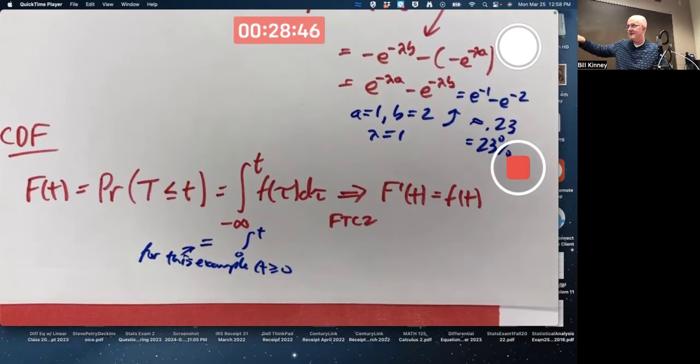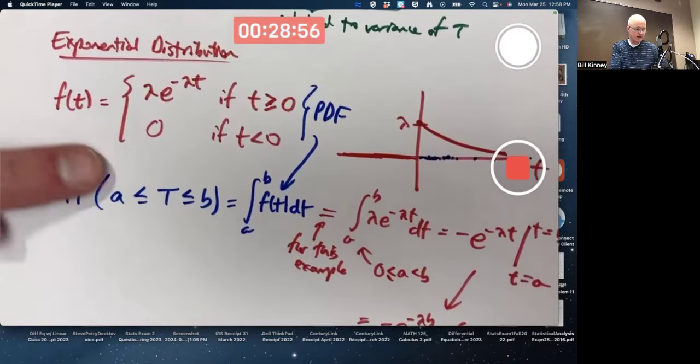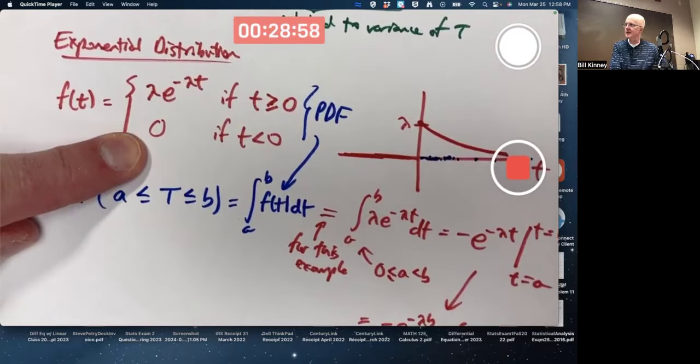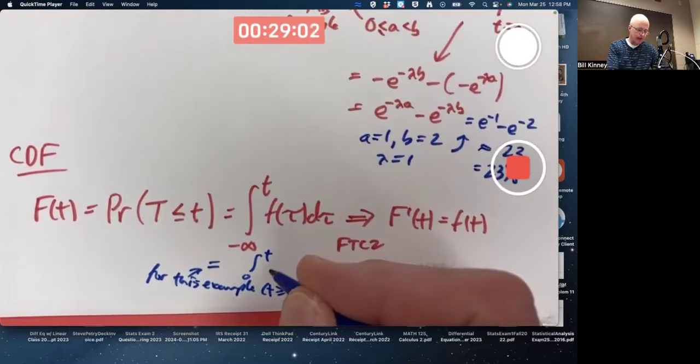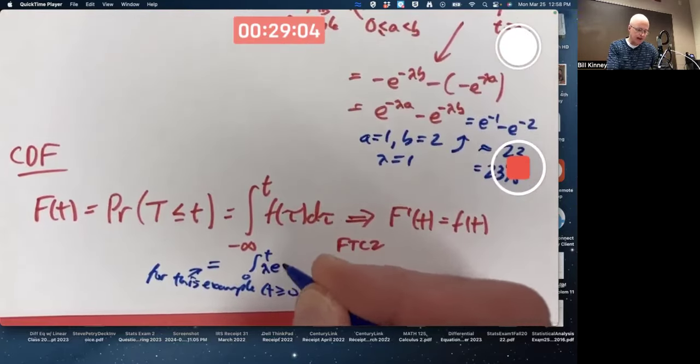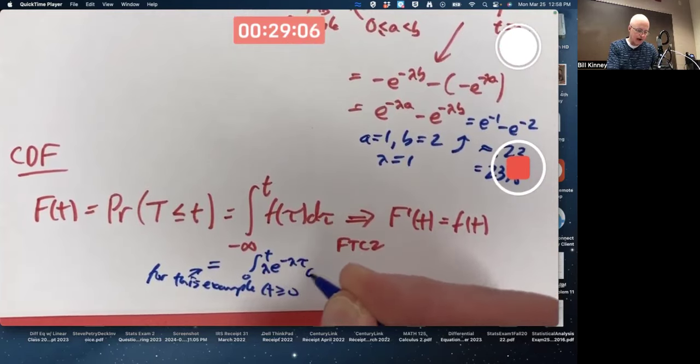That's why I can ignore it. Integral from minus infinity to 0 is 0, because the function is 0 over there, right? Piecewise formula. 0 if t is negative. So I can just integrate from 0 to t, lambda e to the negative lambda tau d tau.